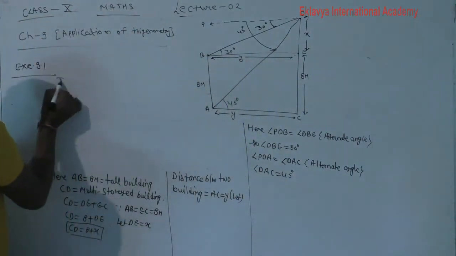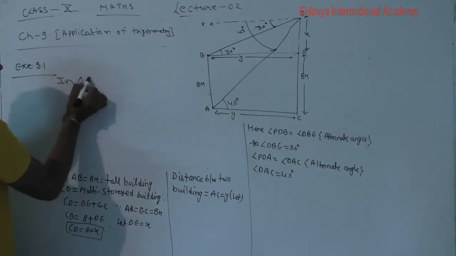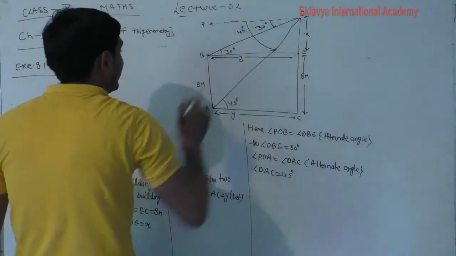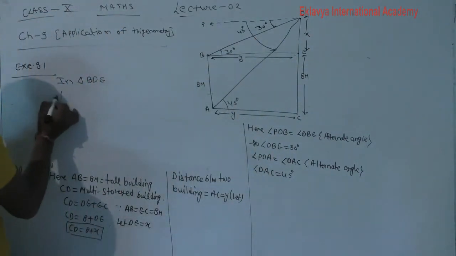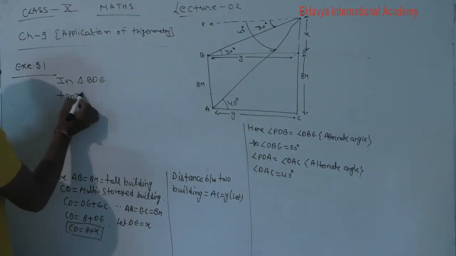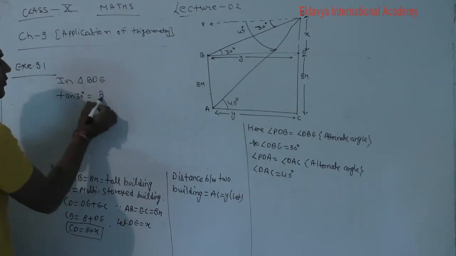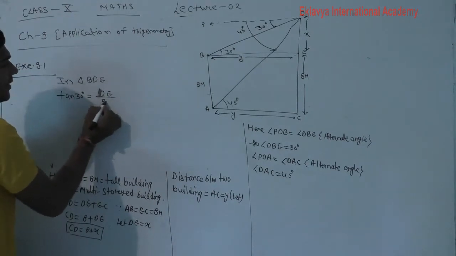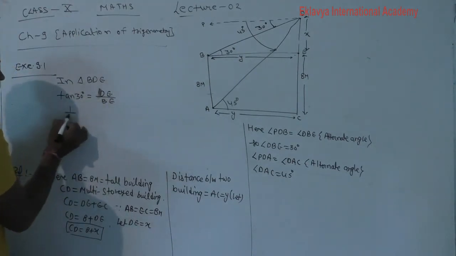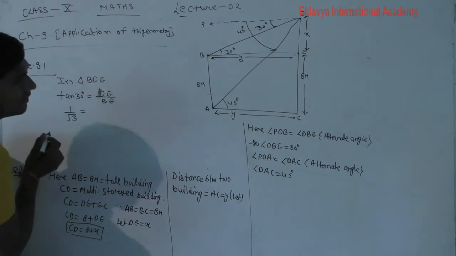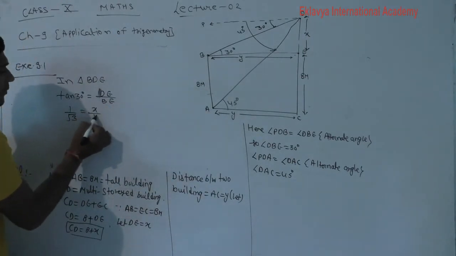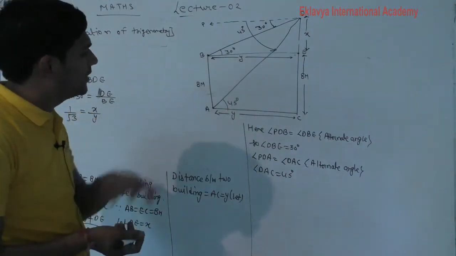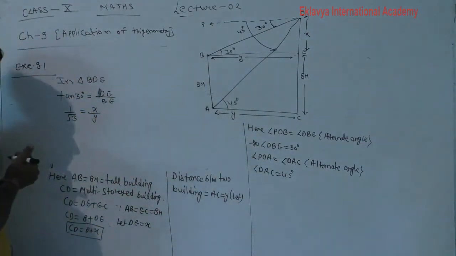So first of all, in triangle BDE, base and perpendicular, we will use tan 30. tan 30 is equal to DE divided by BE, 1 upon root 3. What is the value of DE? X upon Y. In both triangles, which side is common? Y. So from here firstly we will find out the value of Y.